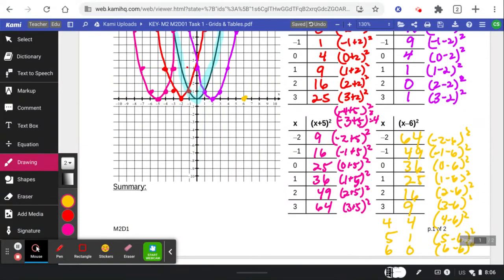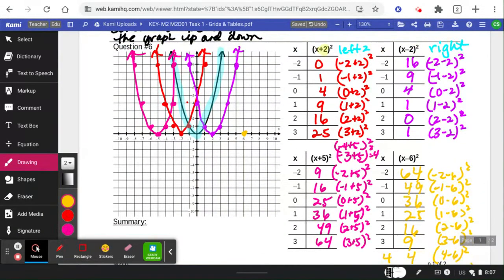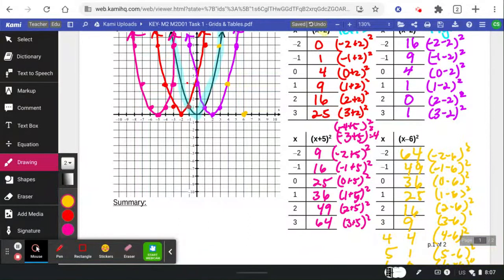So let's go put those dots on. If I go 4, 4, 1, 2, 3, 4, it's going to be a dot there. If I go 3, 9, there it is right there. If I go 5, 1, there's that dot in there. Now go make the symmetrical ones on the other side. Boom. Oops. Did you see what I did wrong there? It needs to go one more out.